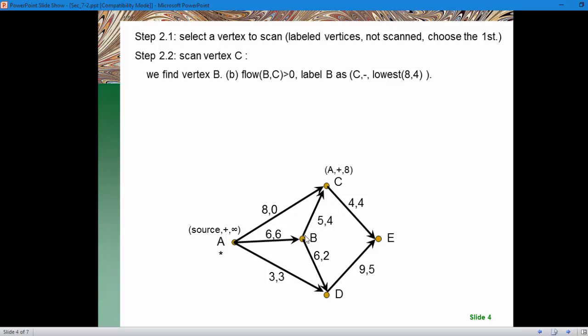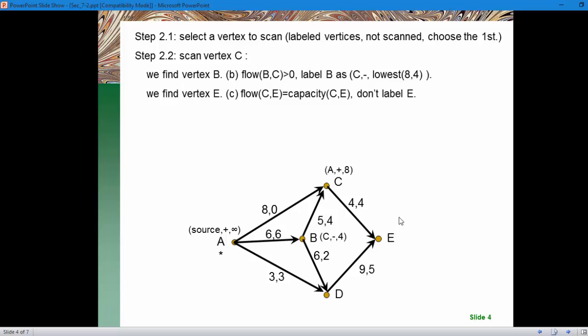That means we're going to label vertex B with predecessor C, meaning that we're coming from C. The negative sign means that we're going to decrease the flow along this arc. And 4, that's the maximum flow that we can bring along this edge. Bring 4 units of flow from C to B by decreasing the current flow.